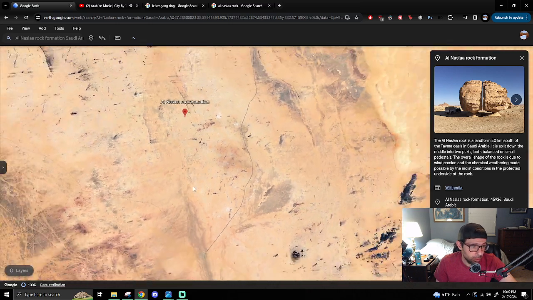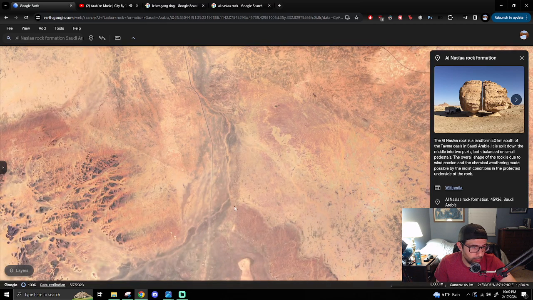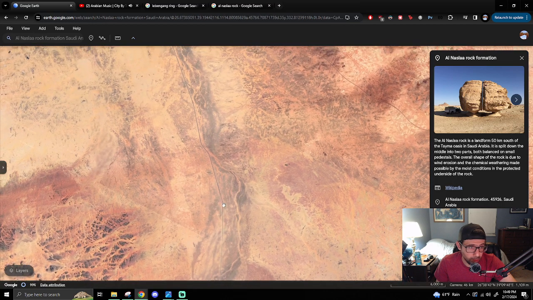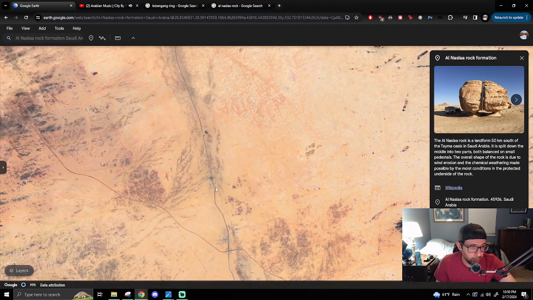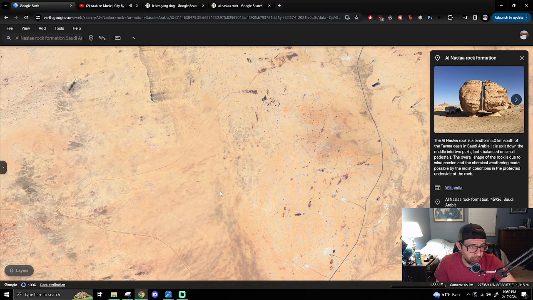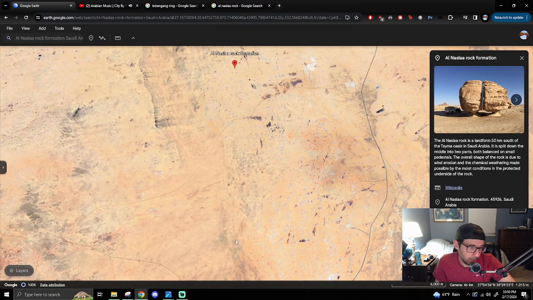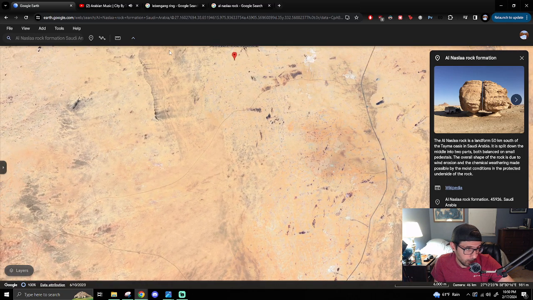Also, something else I noticed, if we just look here, through here, through here, through here, up this way, up this way, up this way, and then it bends. It seems like it goes that way, but we also see a contour where it almost looks like it's going over here.